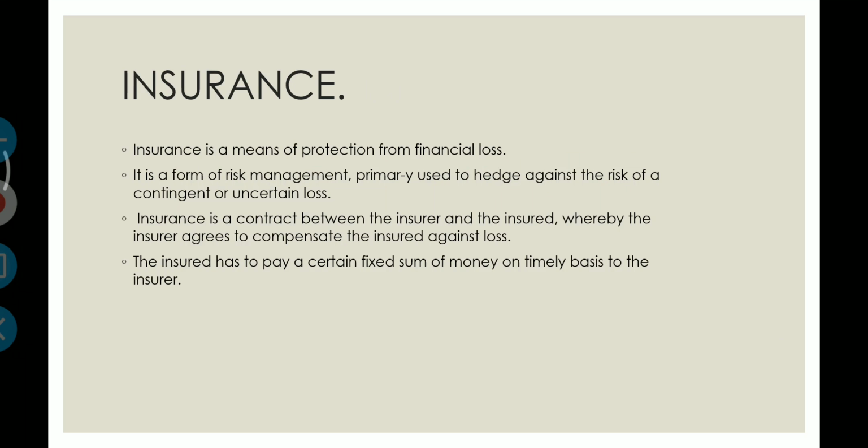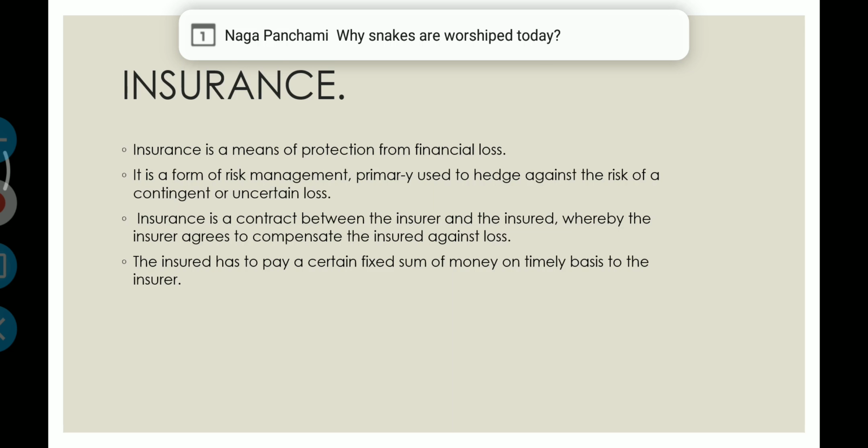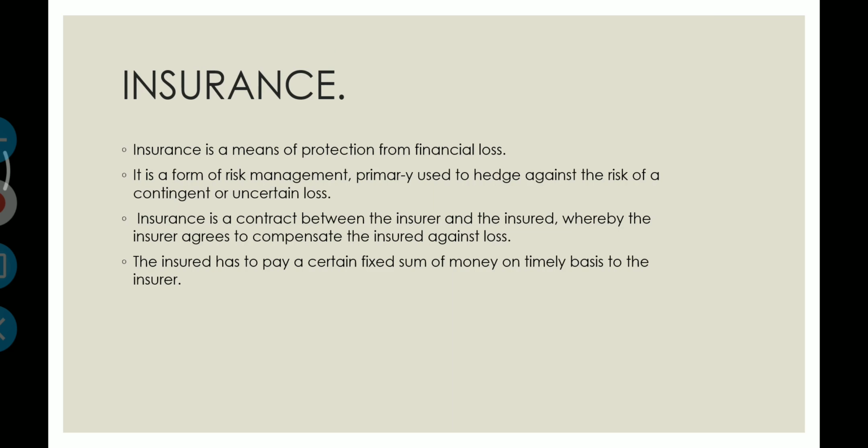services. It is a contract between the insurer and the insured, whereby the insurer agrees to compensate the insured against loss. Insured and insurer, there are two parties to an insurance: the person who is taking the insurance and the person who is actually giving the insurance company.